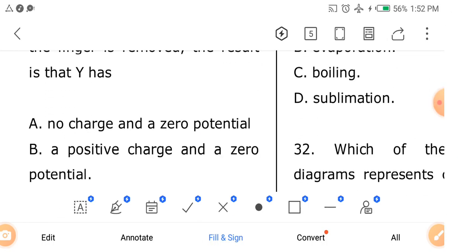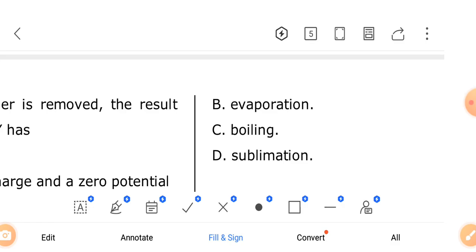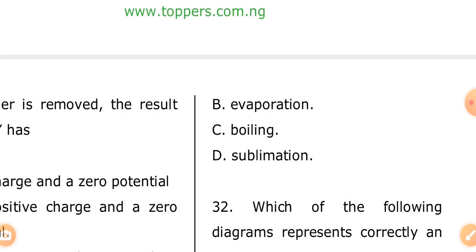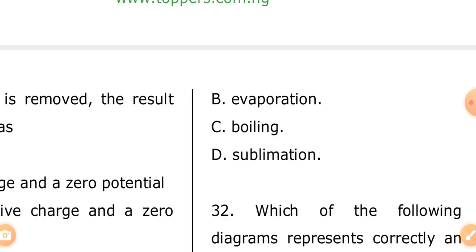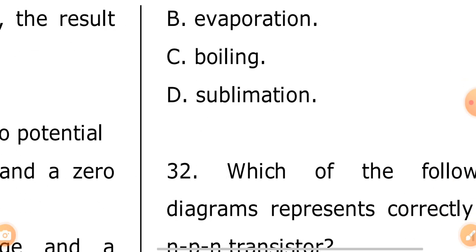C. Boiling. D. Sublimation. If a liquid moves to gaseous state, it is evaporation. That is the answer, B. But if a solid moves directly to gas, what is it called? That is the third assignment for you. If a solid like camphor moves directly from solid state to gas, what is it called?